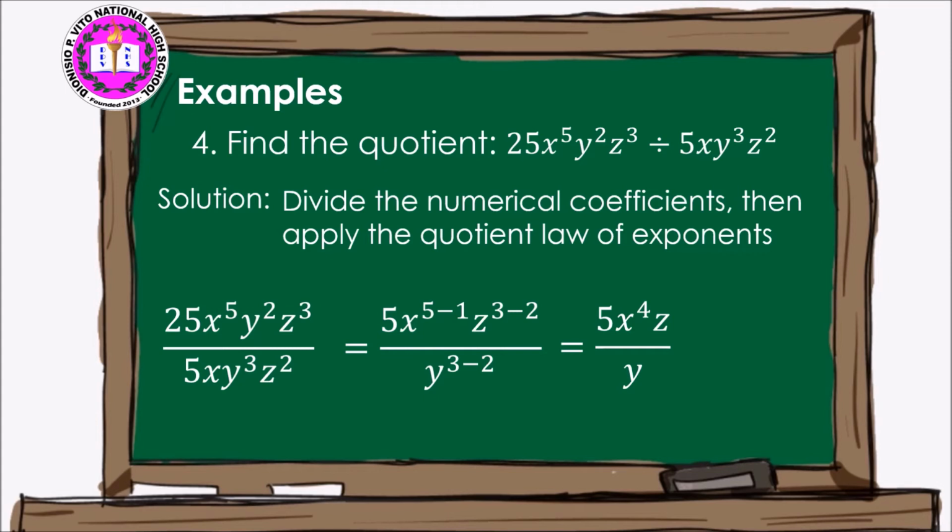Then z, 3 minus 2 is equal to z over y, 3 minus 2 is equal to y. Therefore, our answer is 5x raised to 4 z over y.